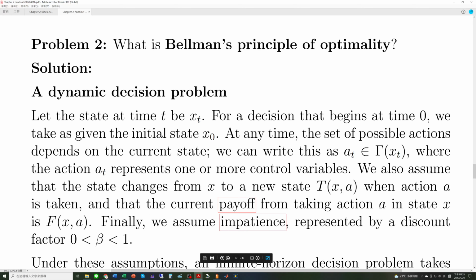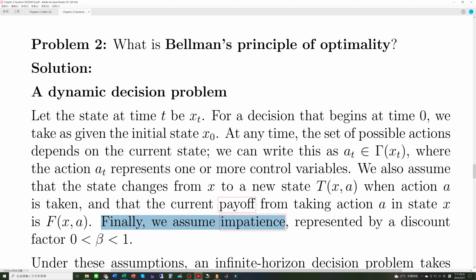From taking action a in state x is F(x, a). Okay, that is payoff. Okay, we take the letter F to represent the payoff. Okay, you may ask a question: why do we not use the letter P to denote the payoff? Because if we use P(x, a), usually P denotes the probability. Okay, so we use F here, F(x, a).